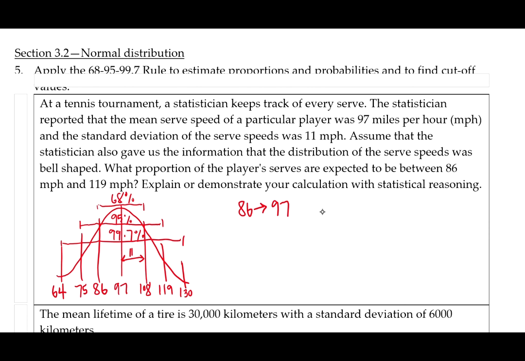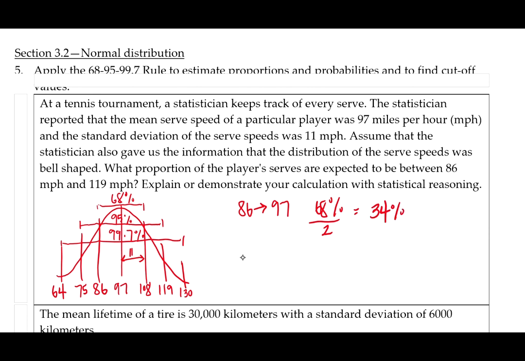And I know that from 86 up to 108 is 68%. That's what the 68, 95, 99.7 rule gives me. So from 86 to 97, which is just half of that area, I have half of 68%. That's 34%.